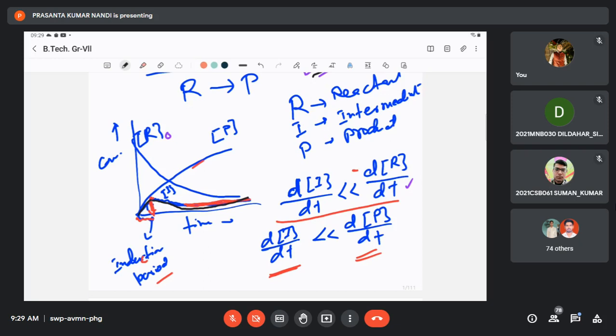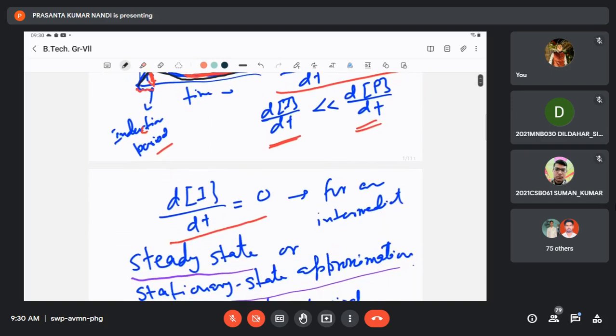So physically, what does it mean? It means the overall lowering of the rate of the reactant species will be much larger than the formation of intermediate, because as the intermediate species is produced, it will rapidly decay to product. This is very important.